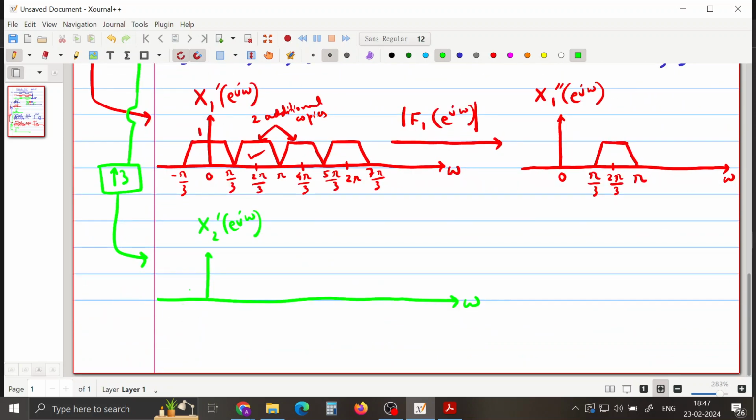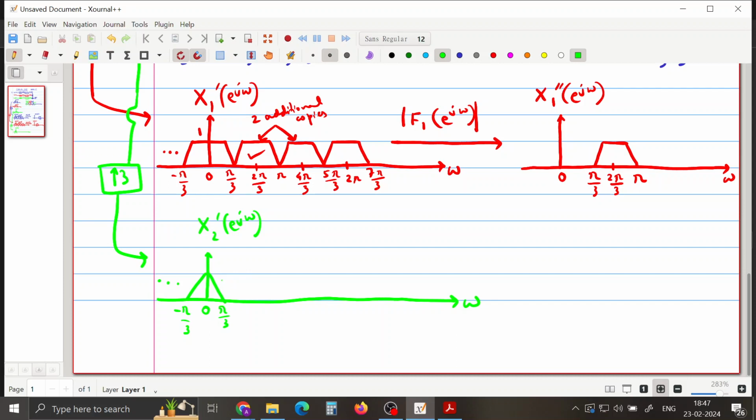So that gets compressed by a factor of 3 to a triangular shape from minus pi by 3 to plus pi by 3. And as usual we will have additional copies. By the way, in the previous branch also it extends on the negative side as well, and for this one also it extends in the negative side as well. I'm just drawing it from 0 to 2 pi.